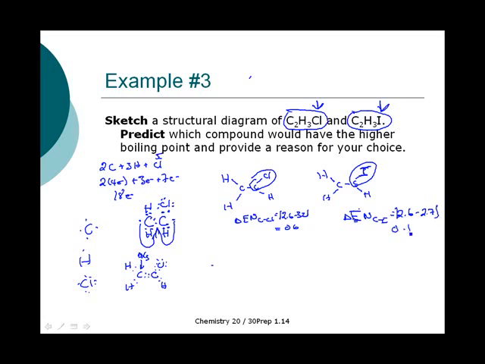So 0.1. This bond is polar. This bond is nonpolar. And so what that means is, since this is the polar bond, this molecule is going to have a higher boiling point.